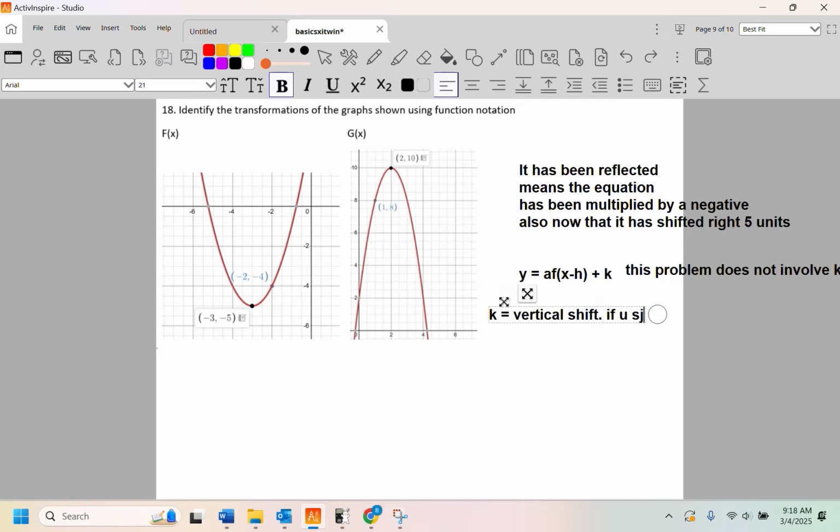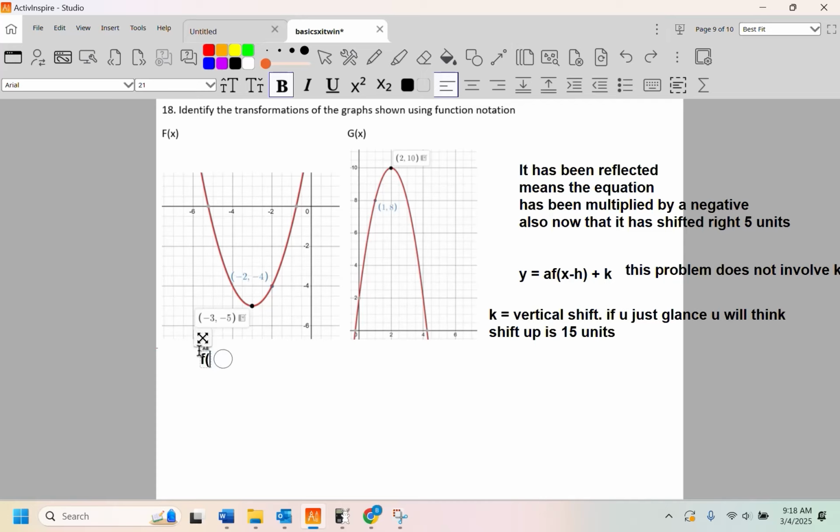And if you just glance and don't think, you will think the shift up is 15 units because you've gone from -5 to 10. But I'm telling you, it has not been vertically shifted, and I will try to explain that to you.